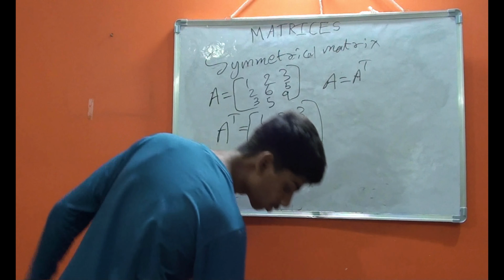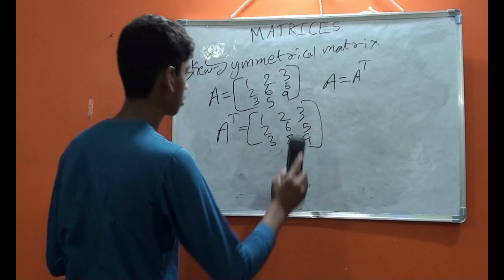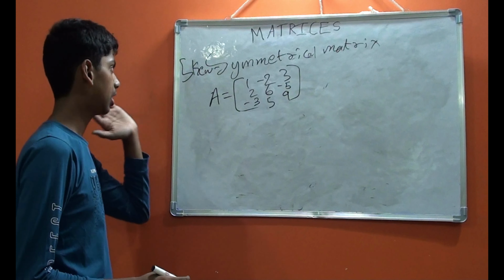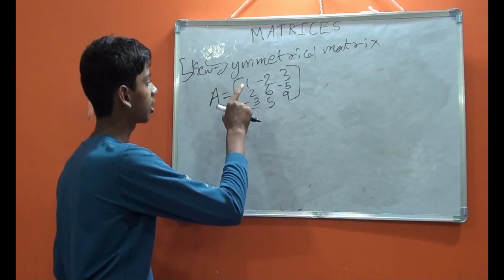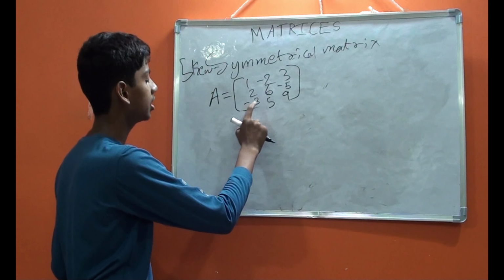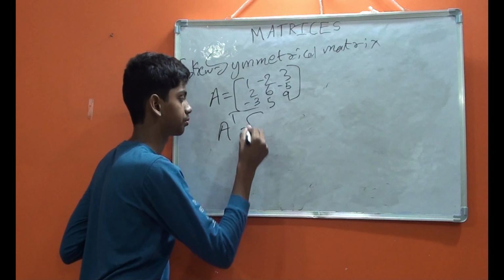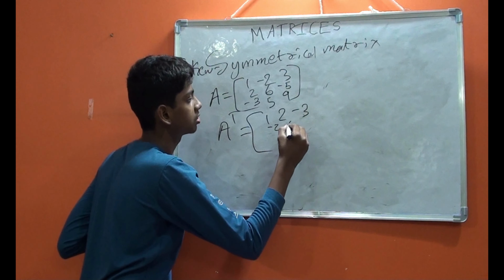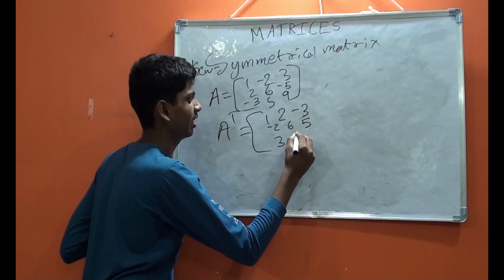So now let's learn about the skew symmetrical matrix. So guys, now let's take this. We have taken this matrix 1, minus 2, 3, 2, 6, minus 5, minus 3, 5 and 9. So A transpose equals 1, 2, minus 3, minus 2, 6, 5, 3, minus 5 and 9.